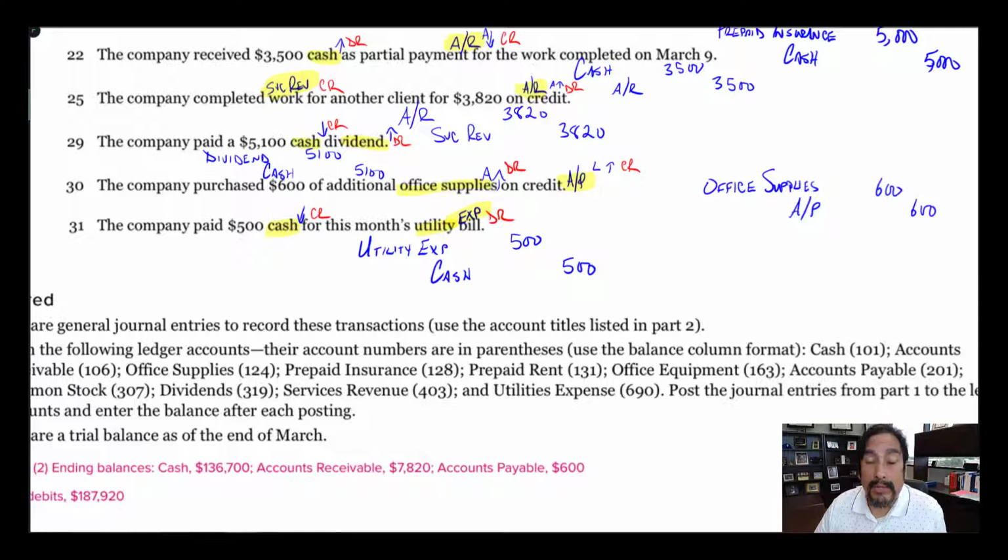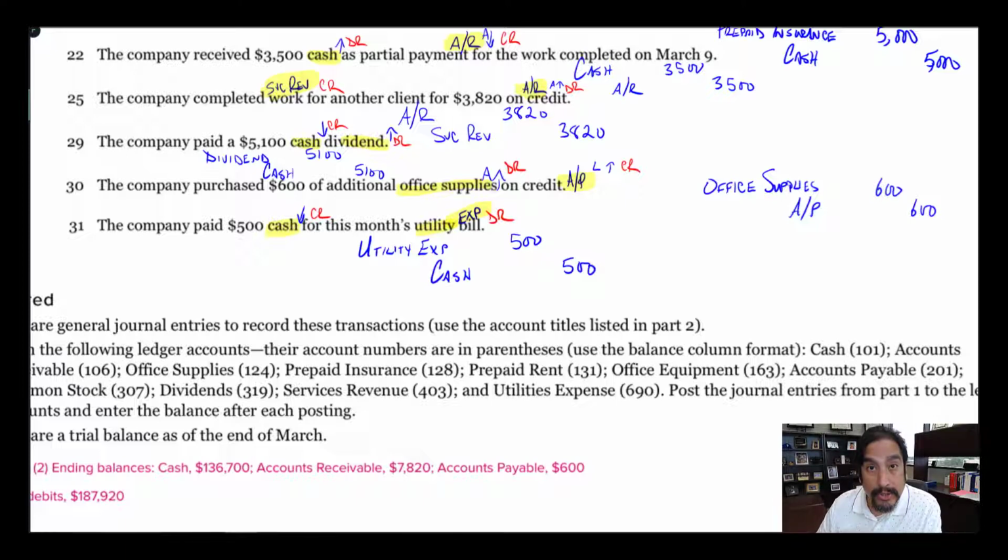There's all of our journal entries. Take all of the opportunity that you can to look through problems like this and write out journal entries, because that really is an extremely important part of this class this semester. And you should be able to go back and forth.